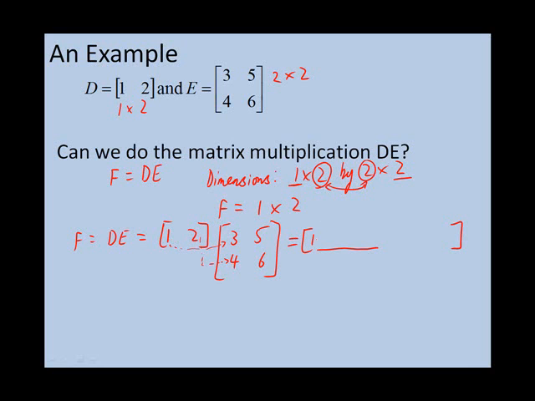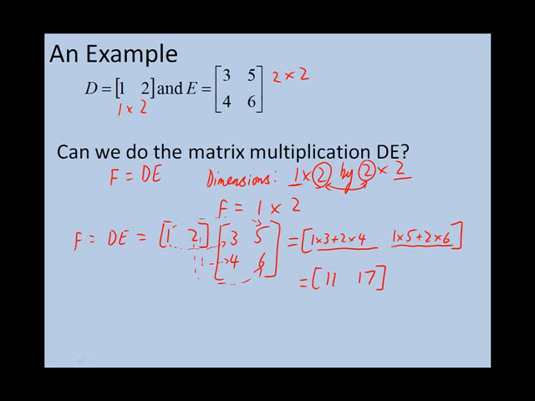Let's do that now. 1 times 3 plus 2 times 4. What about the second element of matrix F? The second element is going to be the 1 times 5 plus the 2 times 6. If we do those calculations, we get 11 and 17 are the two elements of matrix F. That's matrix multiplication.